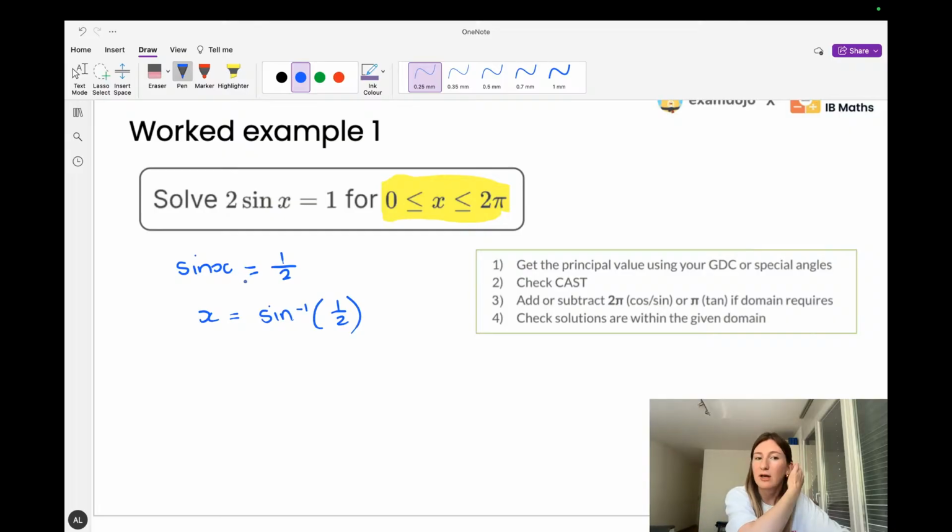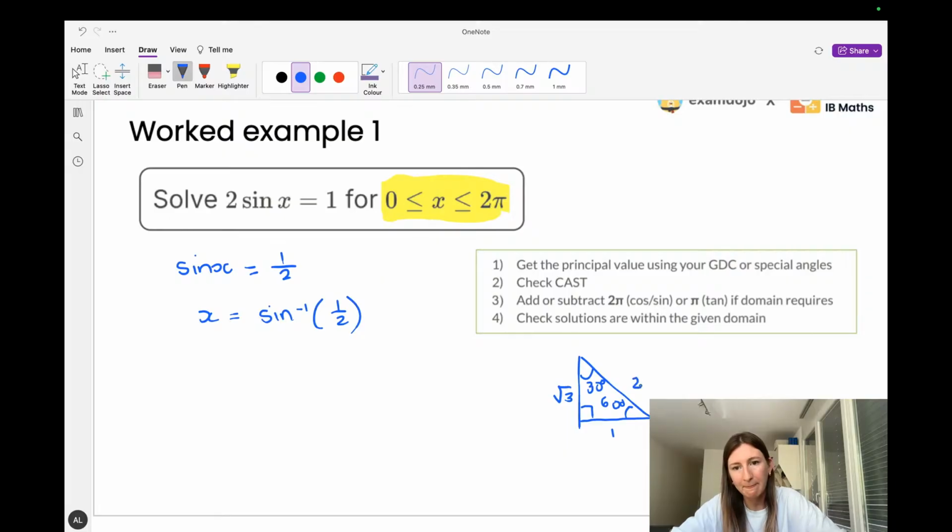So we want to look at our special triangles. So let's draw them. Oops, sorry, that's a bit in the middle of nowhere. Well, we don't need this one for now. So we can see we're going to get 1 and 2 over there, but that would be for tan. So let's see. We want for sine is a half.